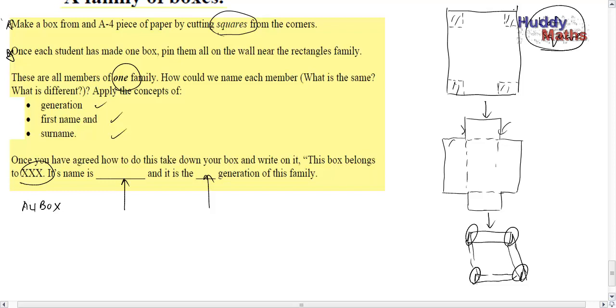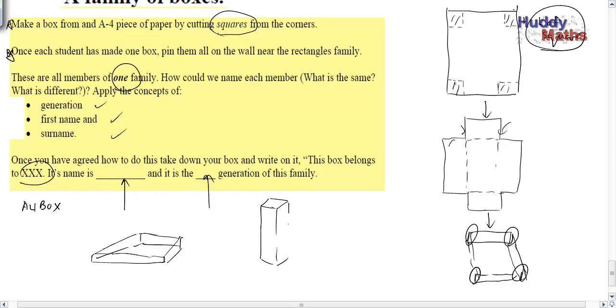As you change the size of the square, you generate more and more boxes. And what do the boxes look like? Well, they start with very shallow boxes and go through to very deep boxes, don't they?